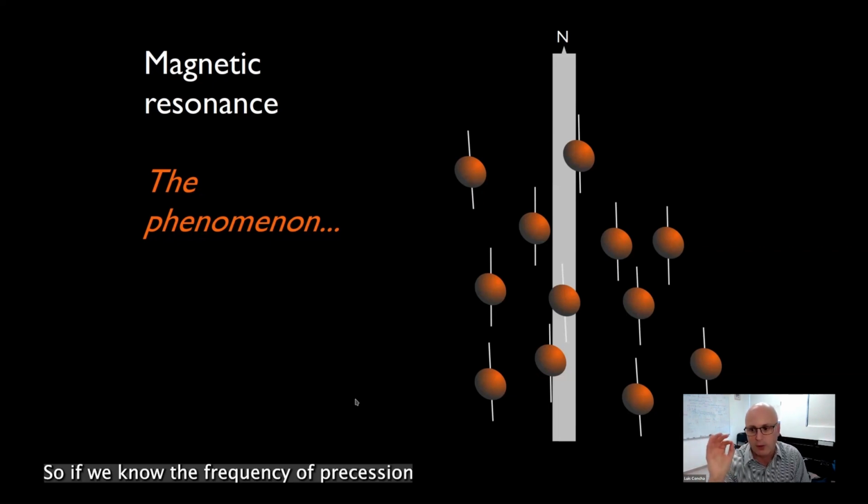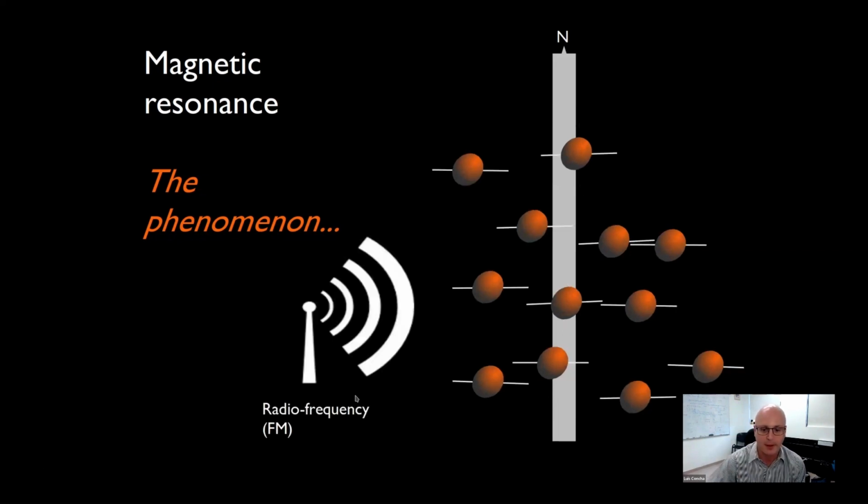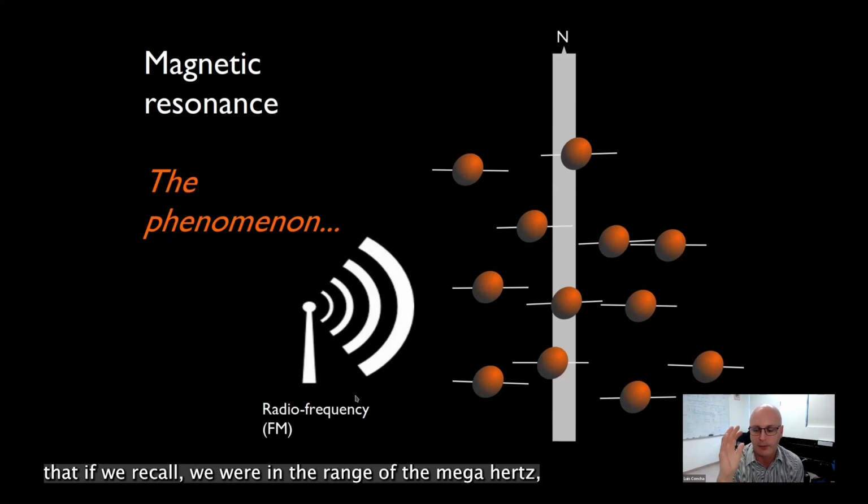If we know the frequency of precession, omega 0, that we noticed before, then we know exactly the frequency that we have to emit through a radio frequency, which, if we recall, was in the range of megahertz, so that corresponds to frequency modulation, FM radio.